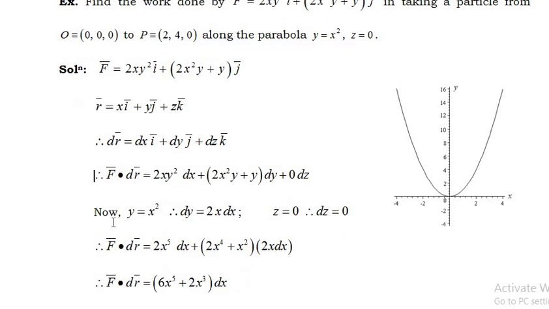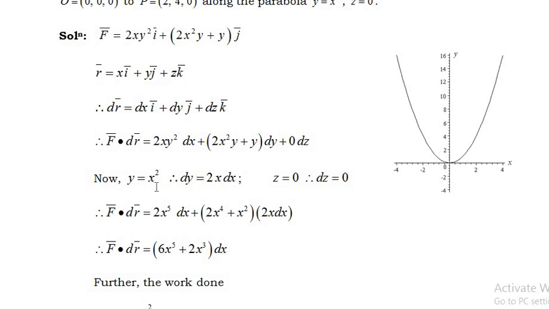It needs to be converted everything in terms of x or everything in terms of y. That is our choice. I see that it will be easier if we convert everything in terms of x, because the equation is y equal to x square and dy will be equal to 2x dx. Z is equal to 0, therefore dz will also be 0.